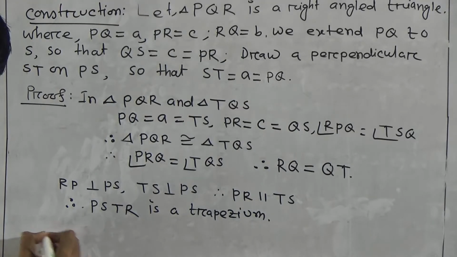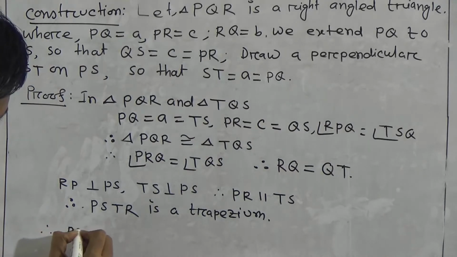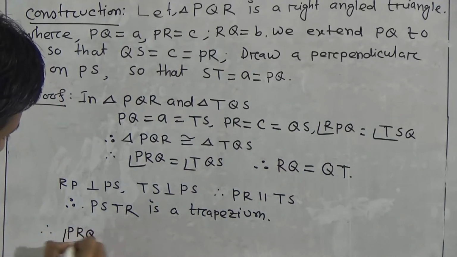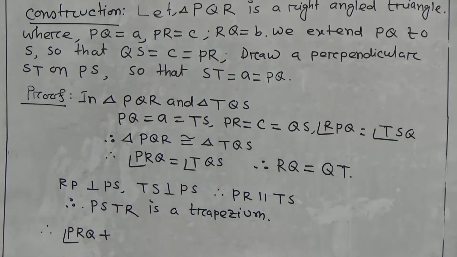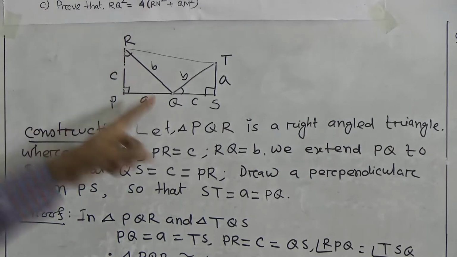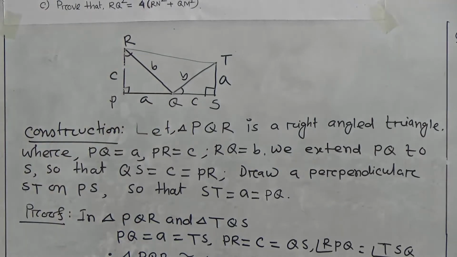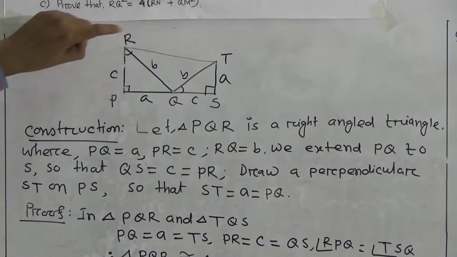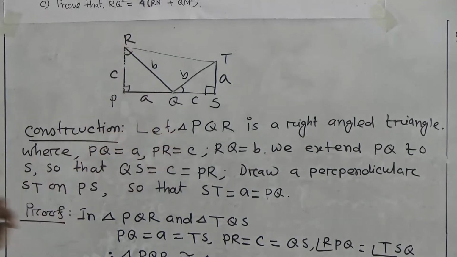Now, look, PRQ plus RQP, this angle and this angle must be 90 degree angle. Why? Because we know the sum of the three angles of a triangle must be 180. Okay? As P angle is 90 degrees, the sum of the R angle and Q angle must be 90 degree.